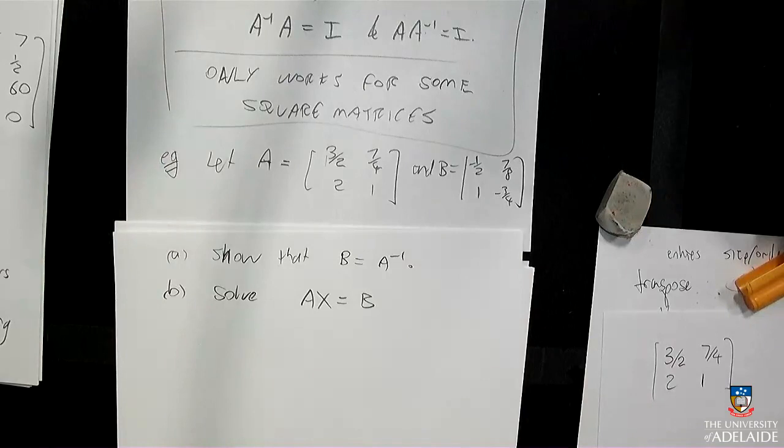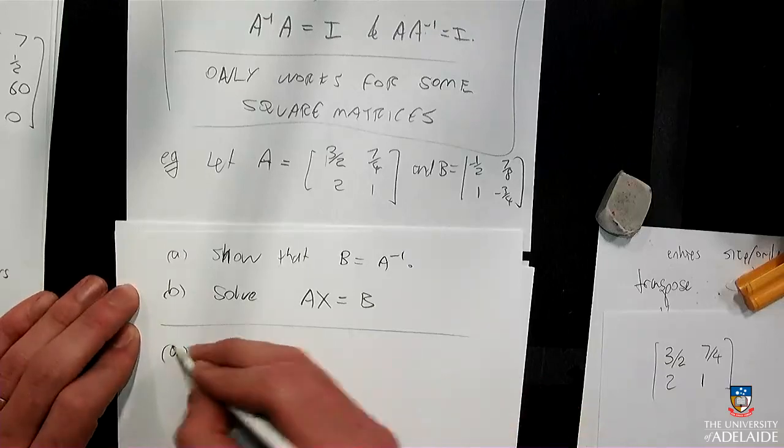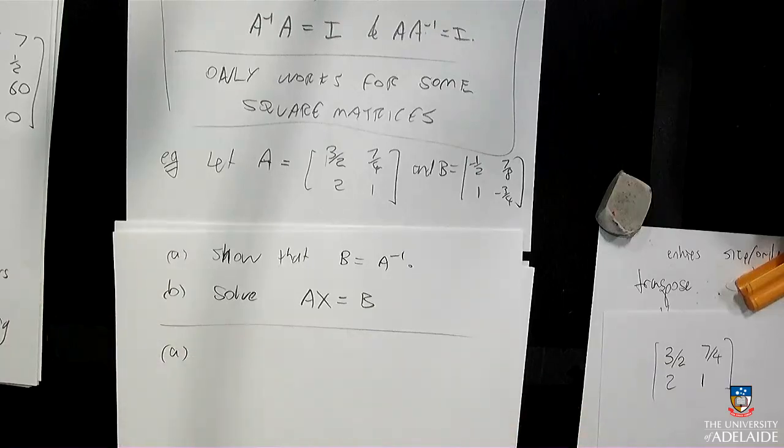To show that B is A inverse, well, the definition of A inverse is that A inverse times A should be the identity, and so should A times A inverse. Now, there is actually a technical theorem that says only one of those has to work for the other one to also be true, so you technically only have to check one of them.